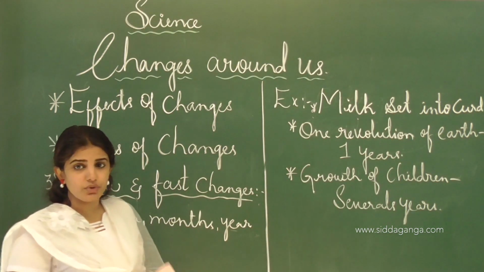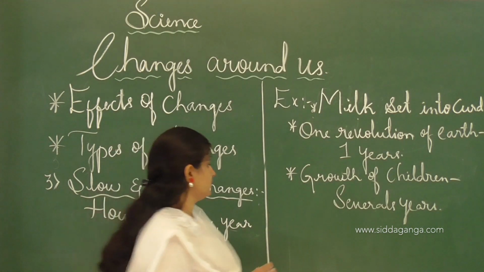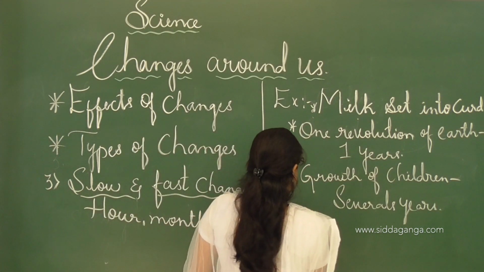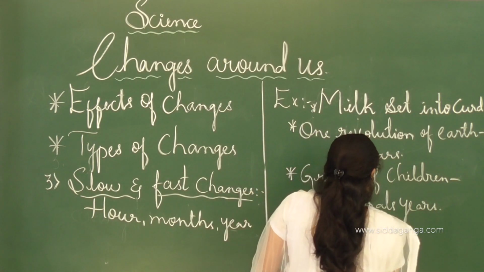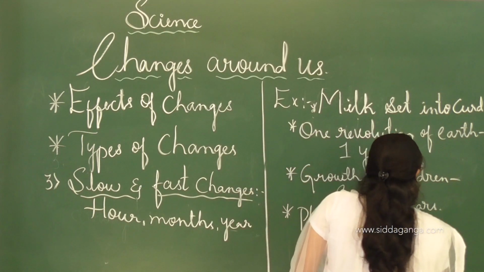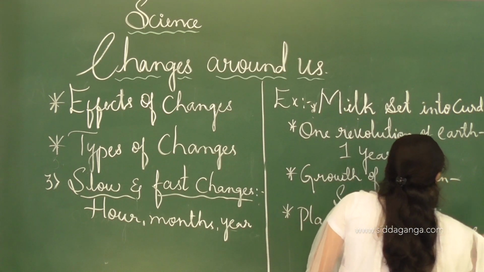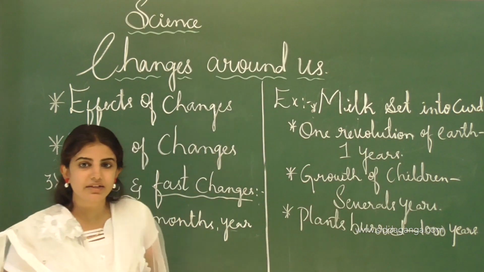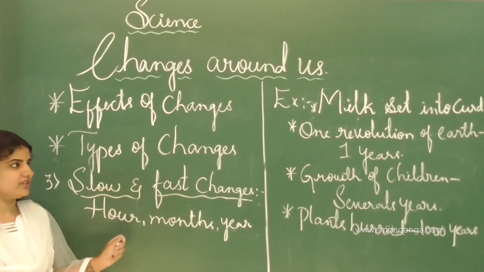Plants buried into the soil take 1000 years to form coal. See, these are all the examples of slow and fast changes.